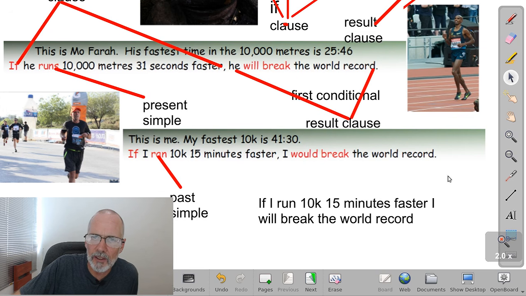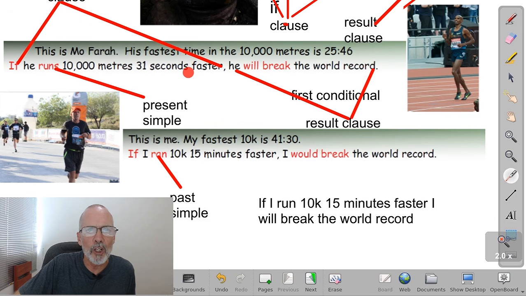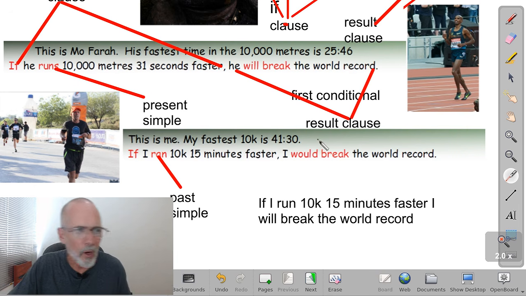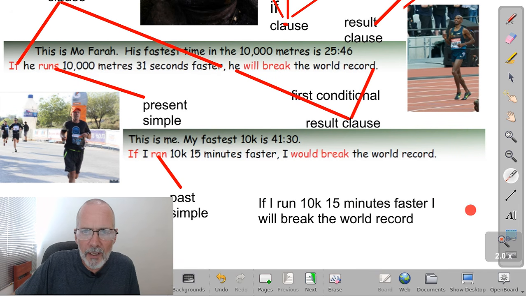Now this sentence here, if he runs 10,000 meters 31 seconds faster, he will break the world record, is 100% correct. But this one here is incorrect.